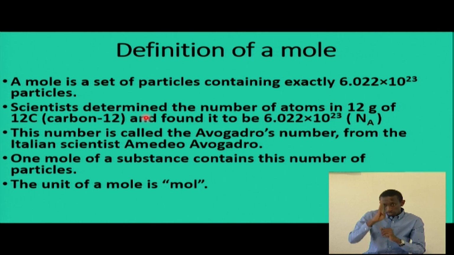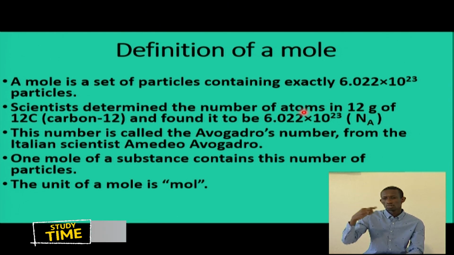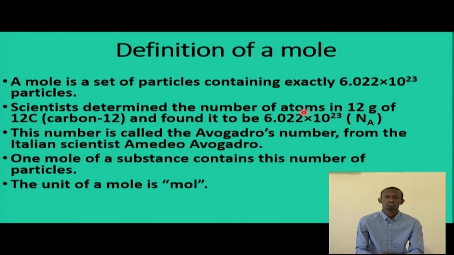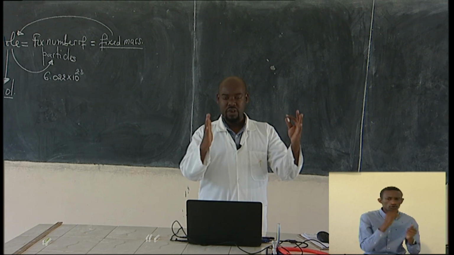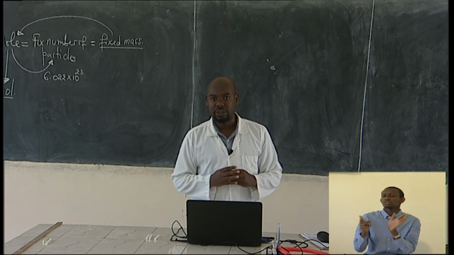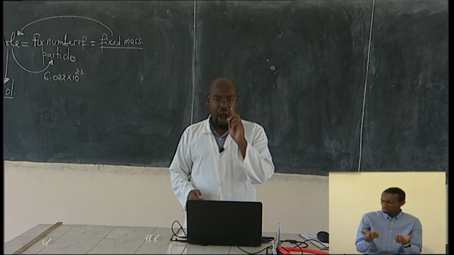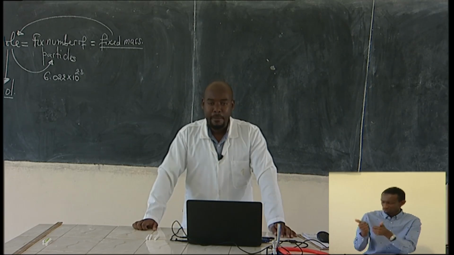So you can see from this number of particles and the mass of carbon-12 that there is a relationship between the mass and the number of particles. And that is the reason why for 1 mole of a given type of particles, we always have a fixed mass, a defined mass. And how do we call that mass?